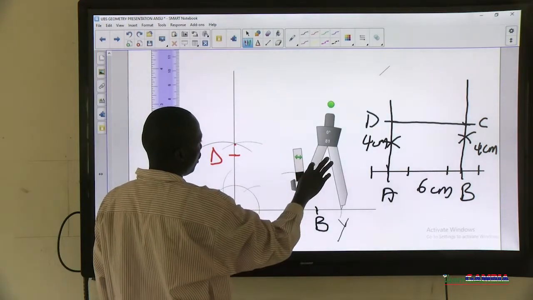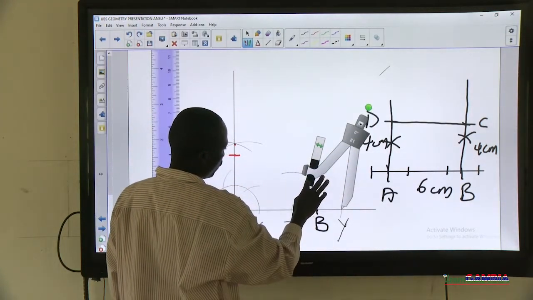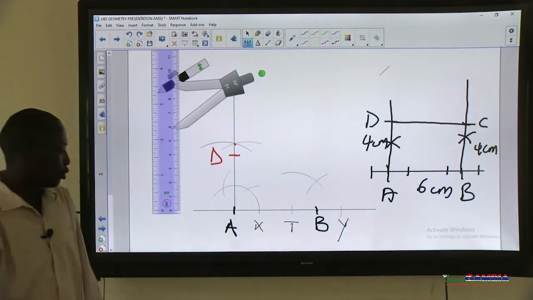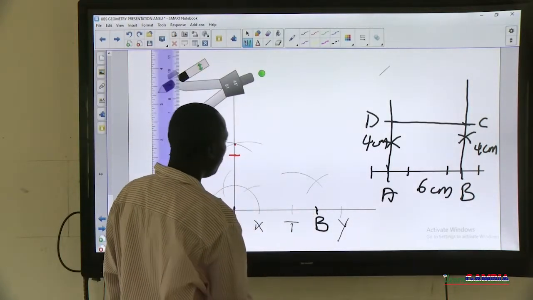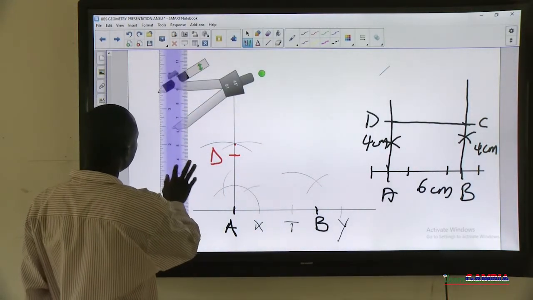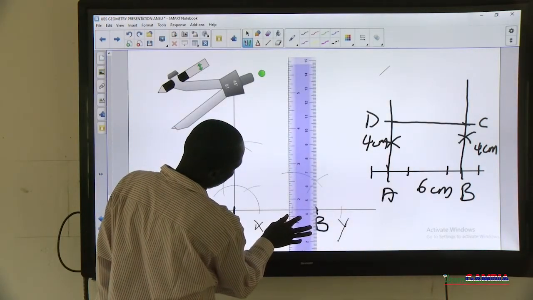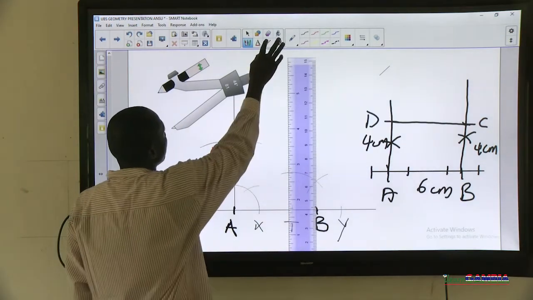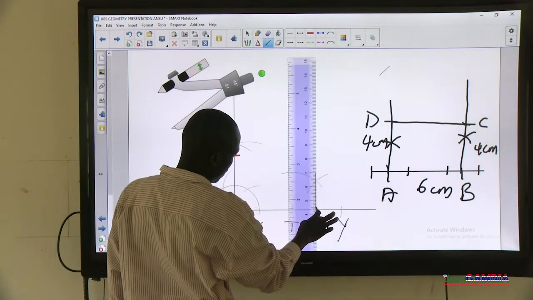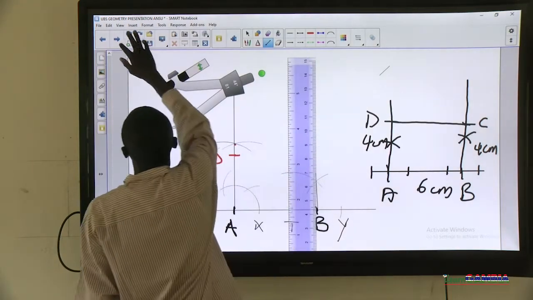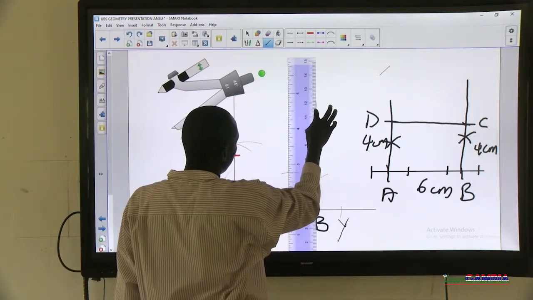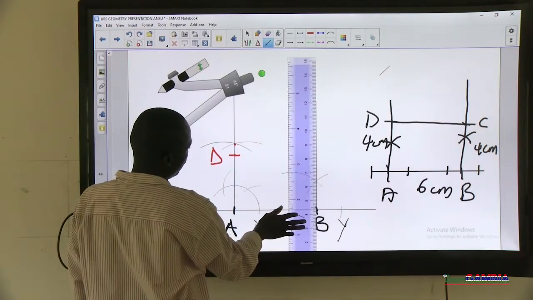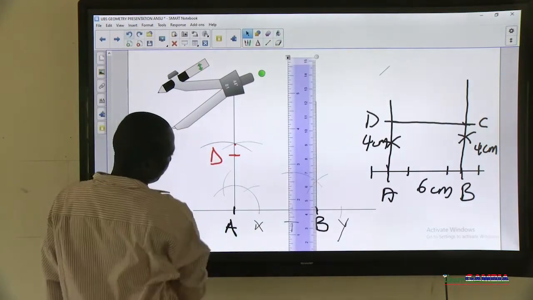I draw another arc to intersect with the first one we have drawn. That point of intersection will be joined to point B with a straight line. Okay, we join that point of intersection with a straight line.